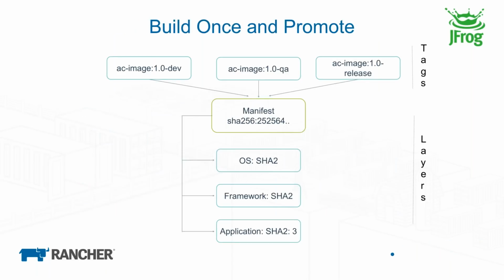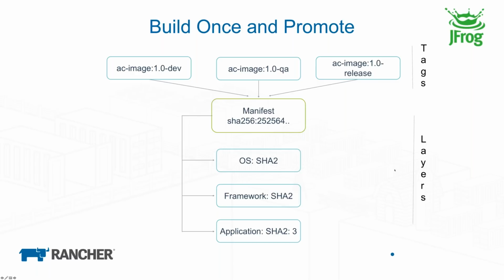So what does a Docker container look like? It has some set of layers, and then at the top it has a manifest. And it's very important that you tag your Docker container. Sure, you've got this beautiful SHA-2 that you can use to uniquely identify it from here on in, but it's completely meaningless.